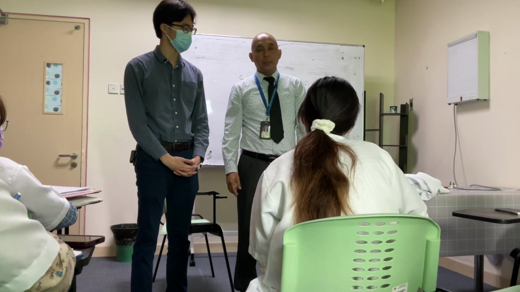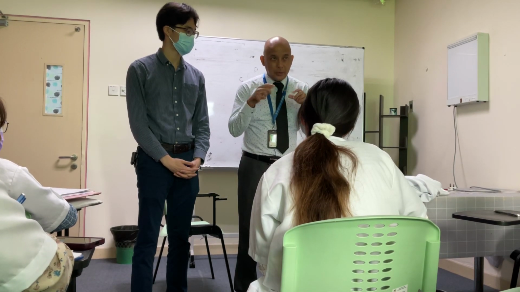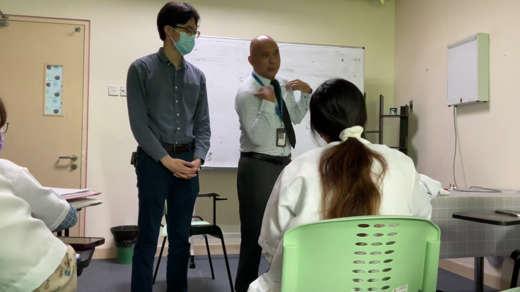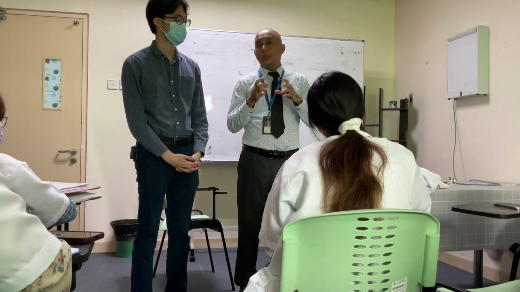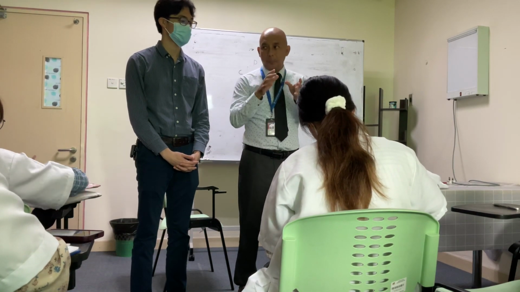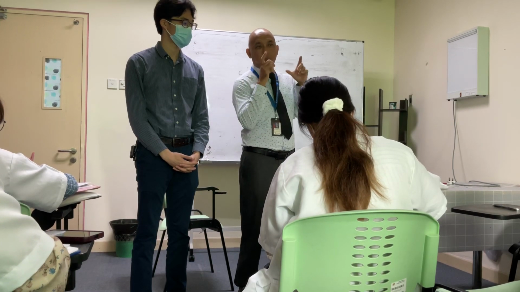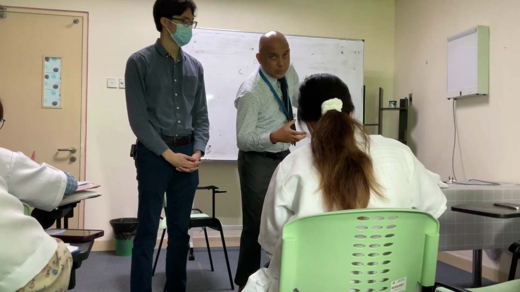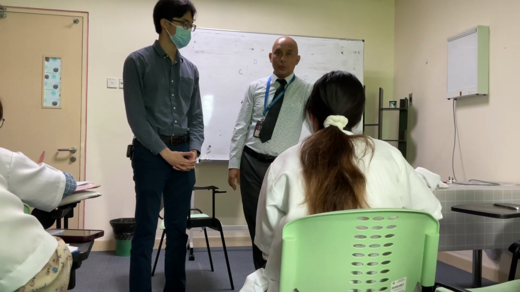Scoliosis is anterior, posterior, lateral, and rotational deformity. Because of this, we call scoliosis a triplanar deformity: AP, lateral, rotation. Because of this rotation, if you ask the patient to bend forward, one side is going up. This is the confirmation of scoliosis.